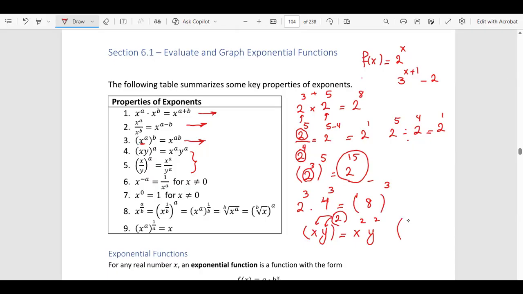If you see two numbers or two terms dividing with a power, that means this power is for everything inside the parentheses: it's for 2, it's for x, and it's for 3. If you can simplify inside the parentheses, you can simplify first and then raise it to the power of 3. If not, you can raise each term to the power of 3 and then multiply or divide each other.